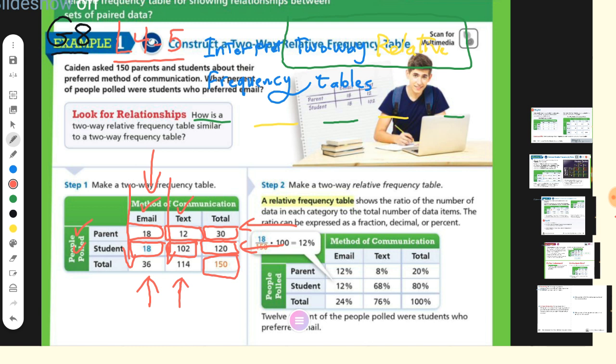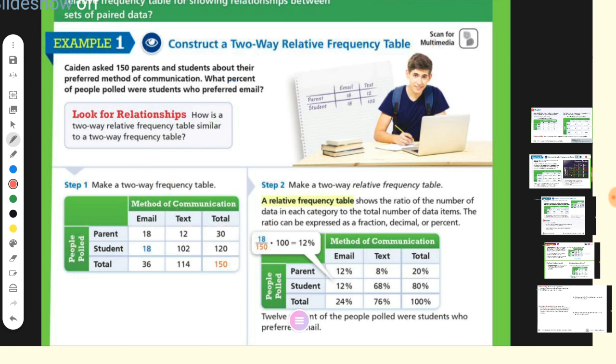How to convert now? We need to convert this two-way frequency table into a relative one. Relative means converting the number into a ratio or percent. How do we convert any number into a percent? Listen to this important note.